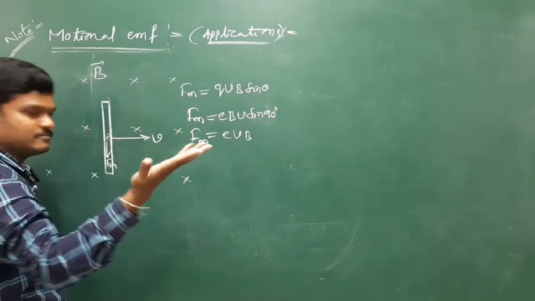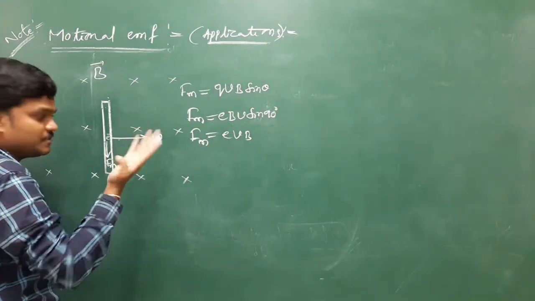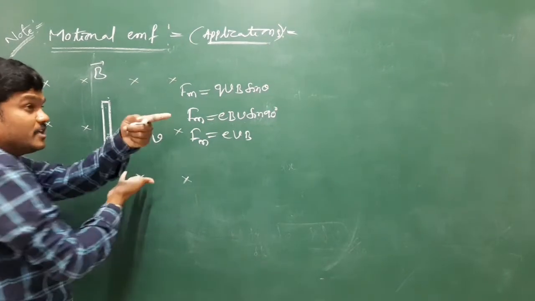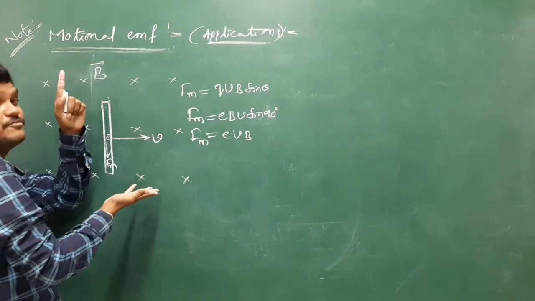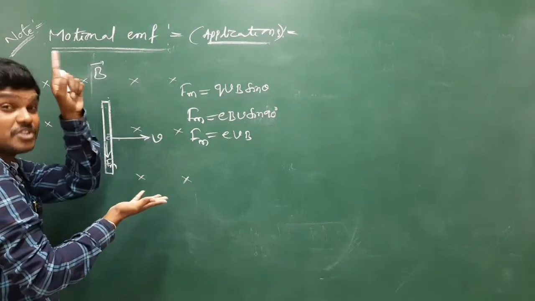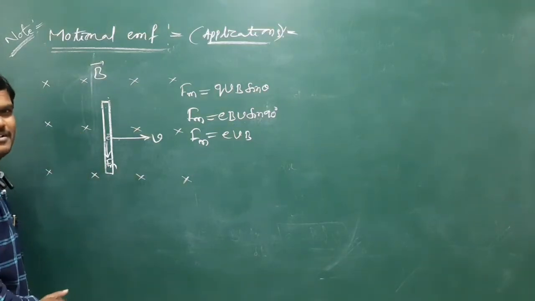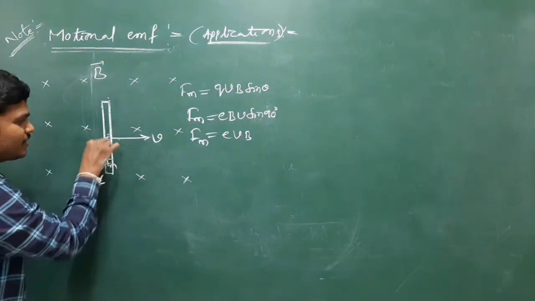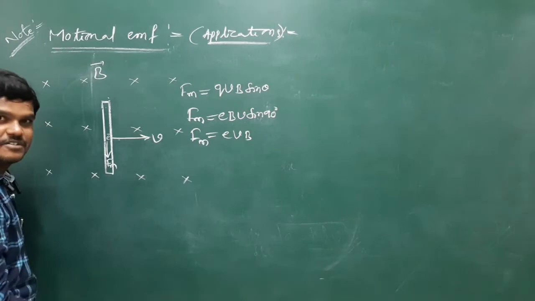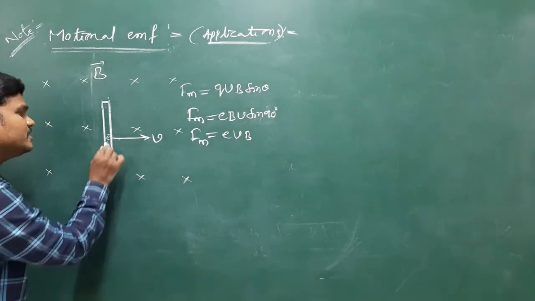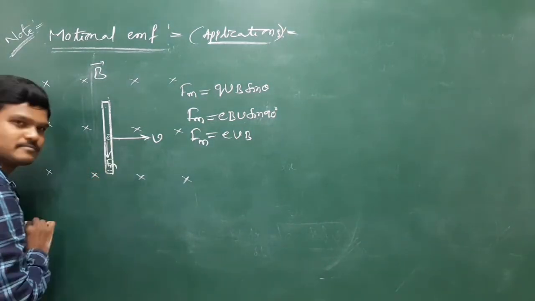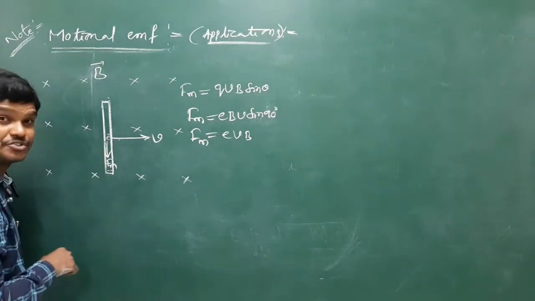Open the right hand, move these fingers into the board, and the thumb gives the motion of the conductor. The palm shows the force on a positive charged particle. But here it is a negative charged particle, so the magnetic force on the electron is in the downward direction. All these electrons will try to move to the bottom because of this magnetic force.